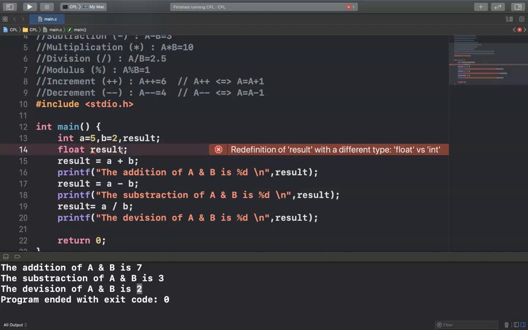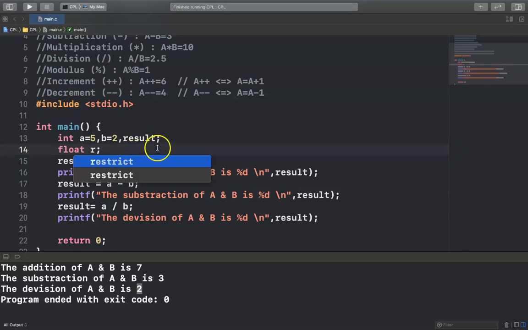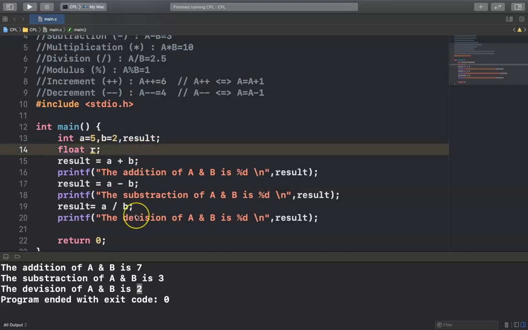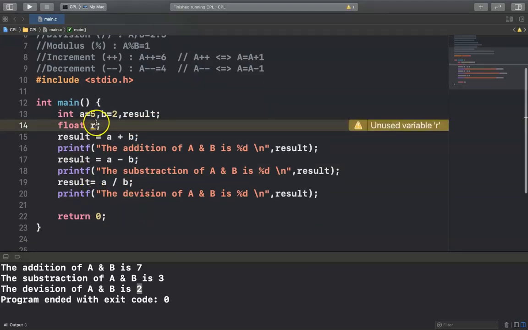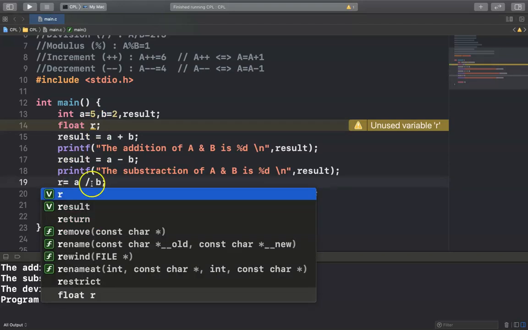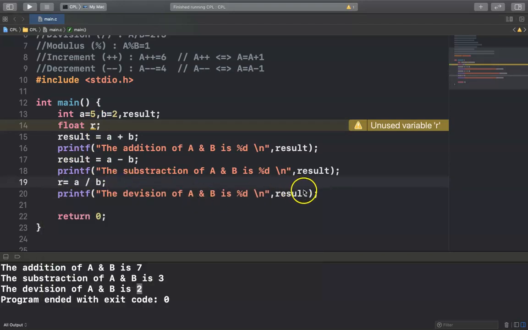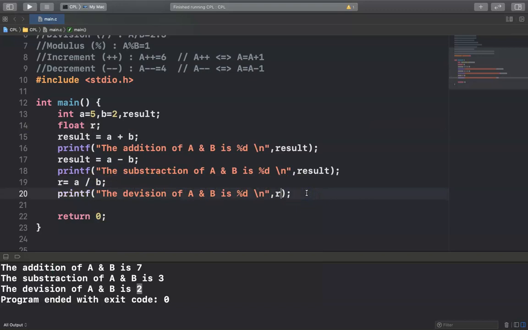You have to set a different name. Here I can write, for example, fr, meaning float result. So I will change here to fr, and then here fr is a float.